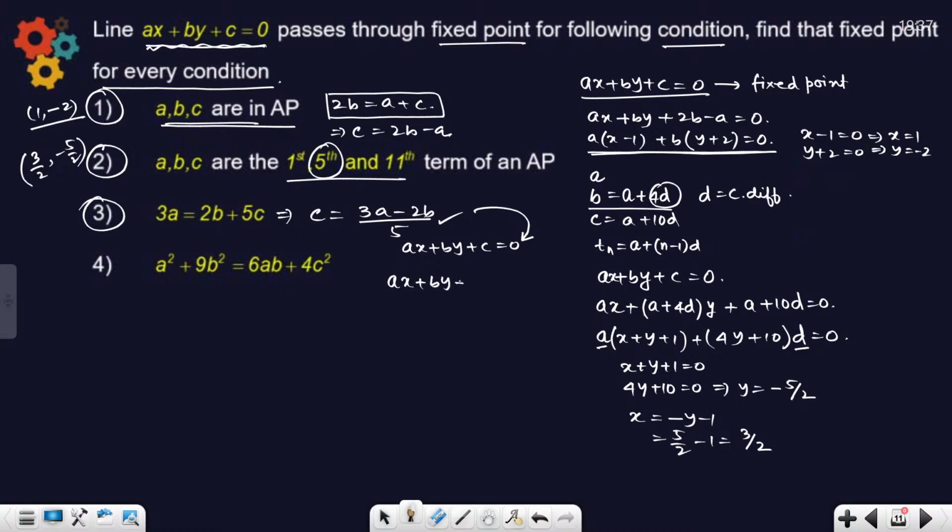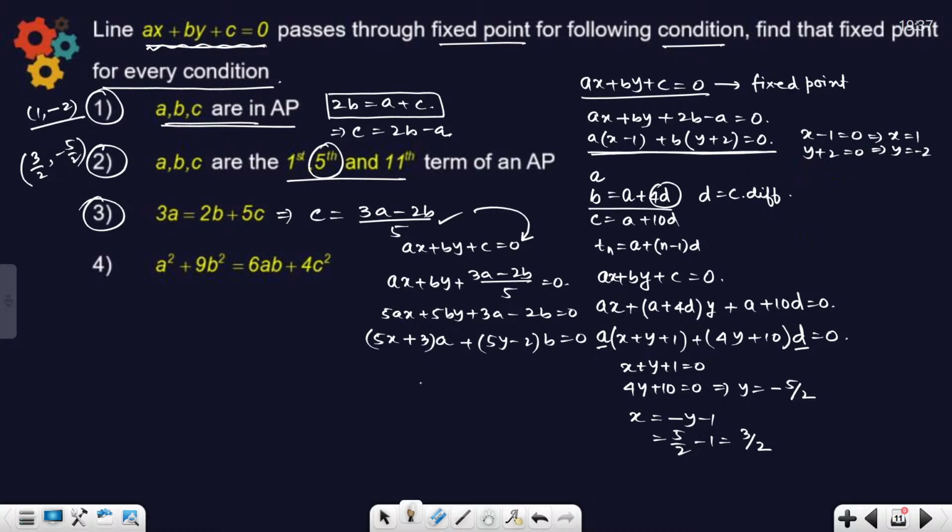So what are you going to have? Ax plus By plus, so it gives us 5Ax plus 5By plus 3A minus 2B equals 0. So again, (5x plus 3) times A plus (5y minus 2) times B equals 0.